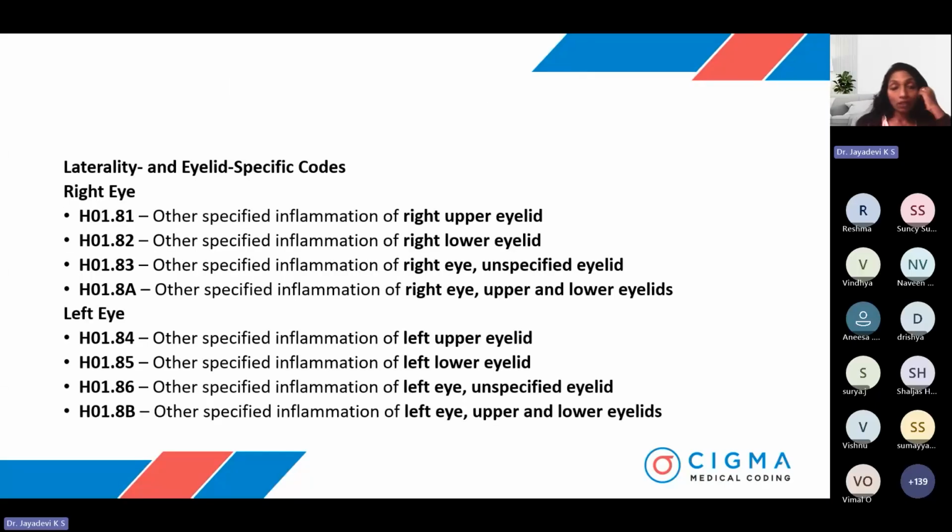Now, here it is the laterality, regarding the right eye, left eye, unspecified eyelid, or upper and lower eyelid, both. All these laterality and specificity are clearly mentioned in these codes. So right eye for H01.81, 82, 83, and 8A. Left eye 84, 85, 86, and 8B.